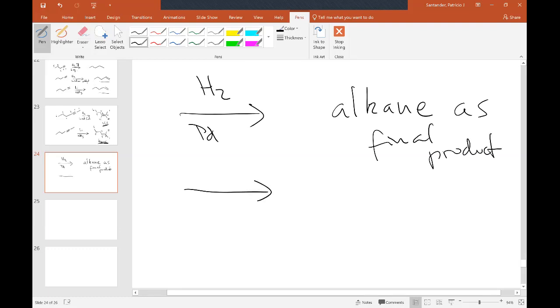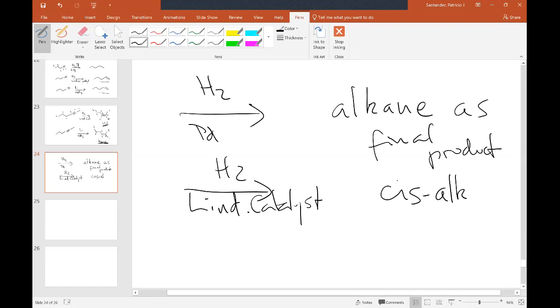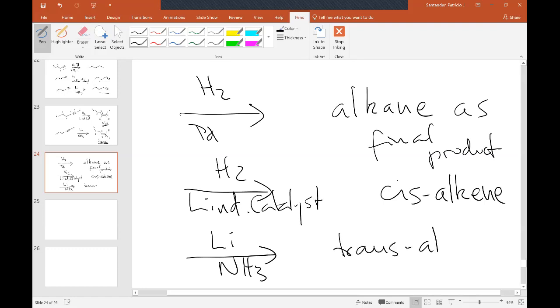If you use hydrogen and Lindlar catalyst, you get the cis alkene. And if you use lithium in ammonia or sodium in ammonia, you will get the trans alkene.